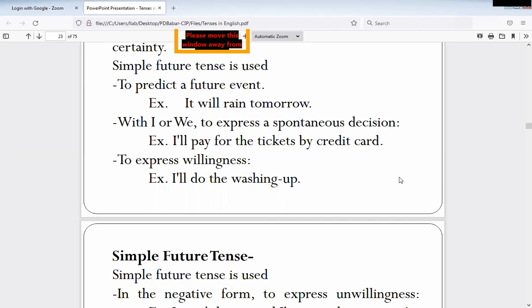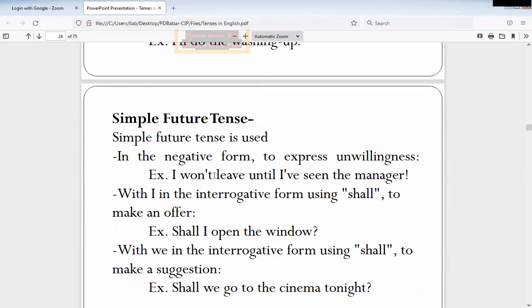So these are the willingness that we express with the help of will, that is future tense.